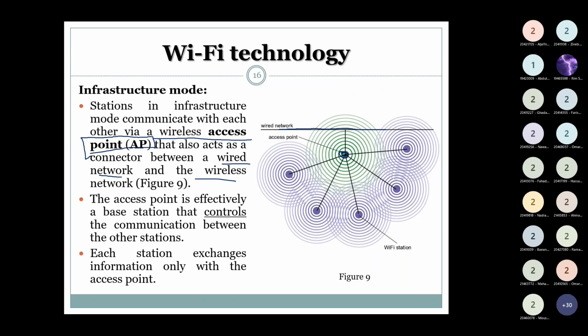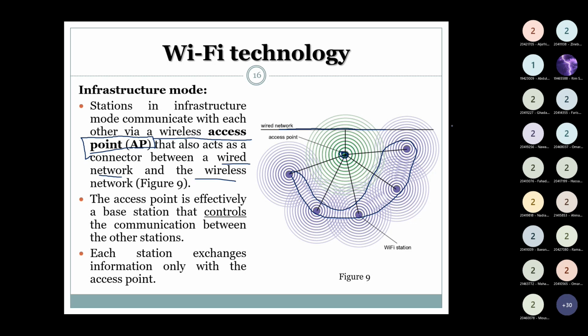So these are our mobiles and our laptops, and we will connect to the network of the university using this wireless access point. This is an example of the infrastructure mode. Also, coffee shops and airports, for example, are infrastructure mode.